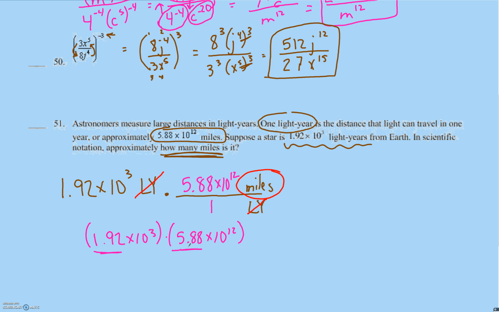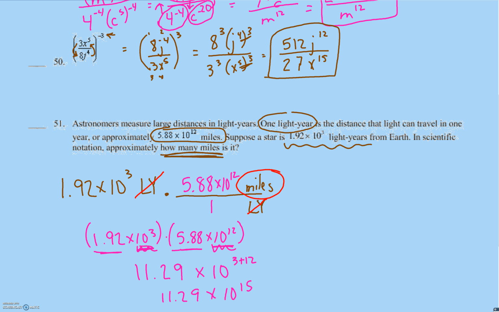So I take 1.92 times 5.88, and I get 11.2896, so 29, times 10. I'm multiplying powers with the same base here, which means I add my exponents, 3 plus 12. Gives me 11.29 times 10 to the 15th.